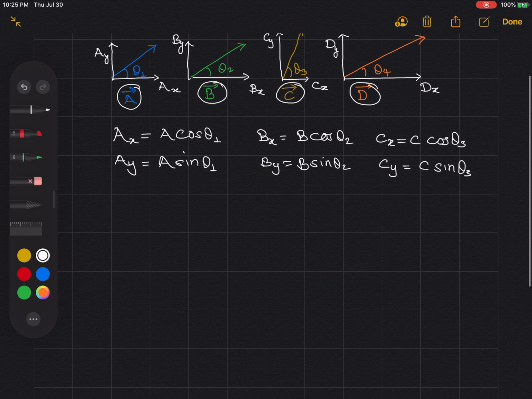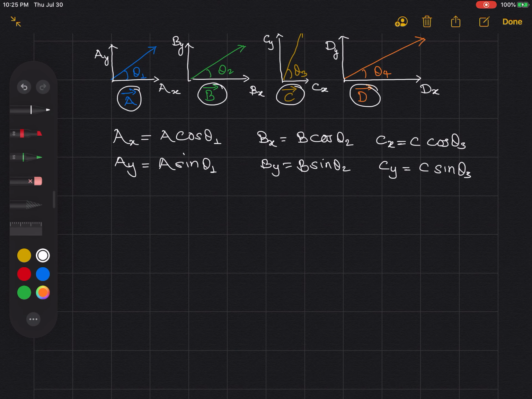So now we will add the first 2 vectors. Suppose my new vector is x, and this is the sum of vector a and vector b.